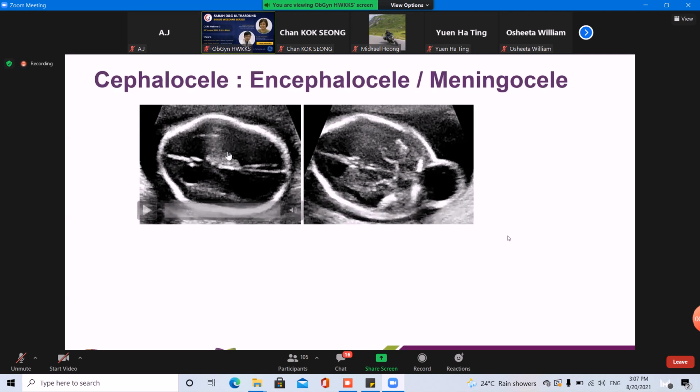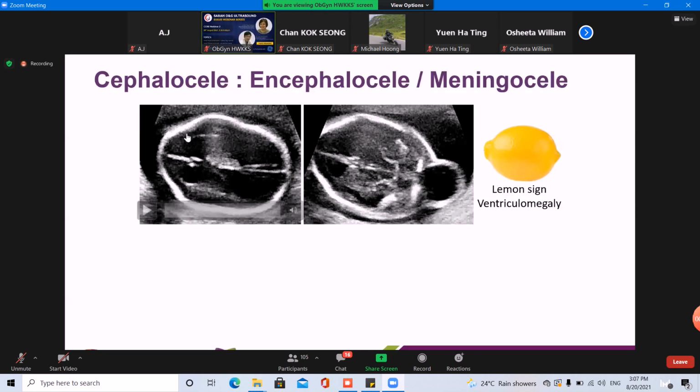Now, when you see the baby's head like this, it is called lemon sign. And why is there lemon sign? It is because this meningocele, this herniation here, creates a suction force on the frontal area of the brain, particularly at the front, at the suture here.